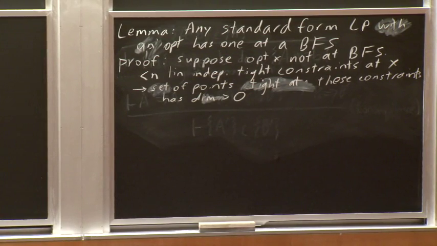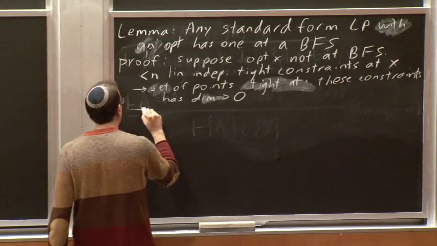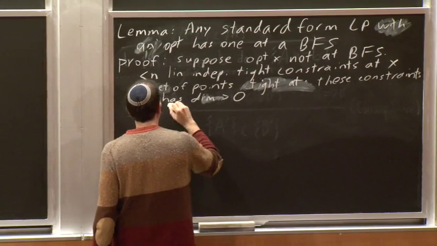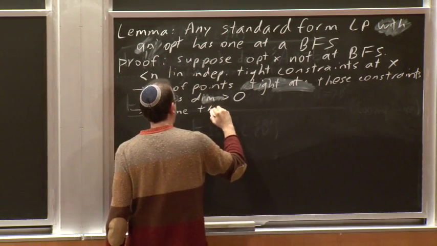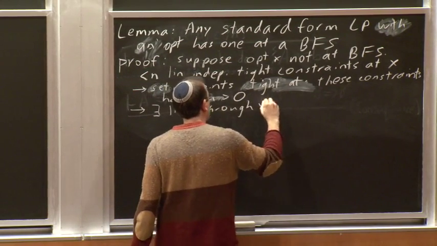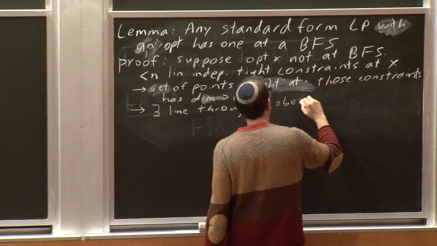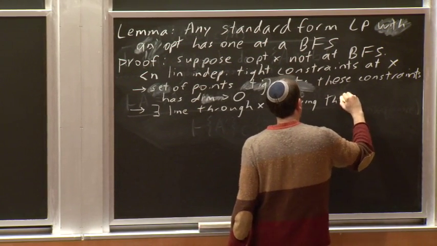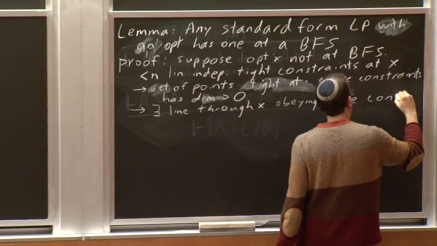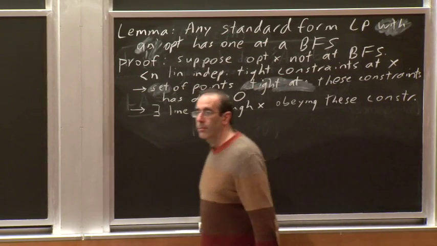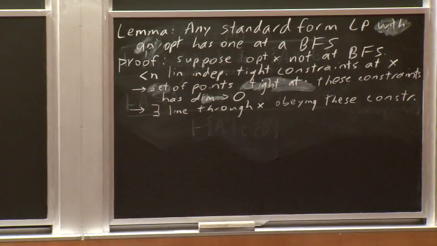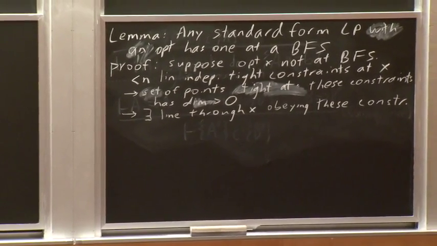Right? In particular, there exists a line through x obeying all these constraints. So what can we say about that line?